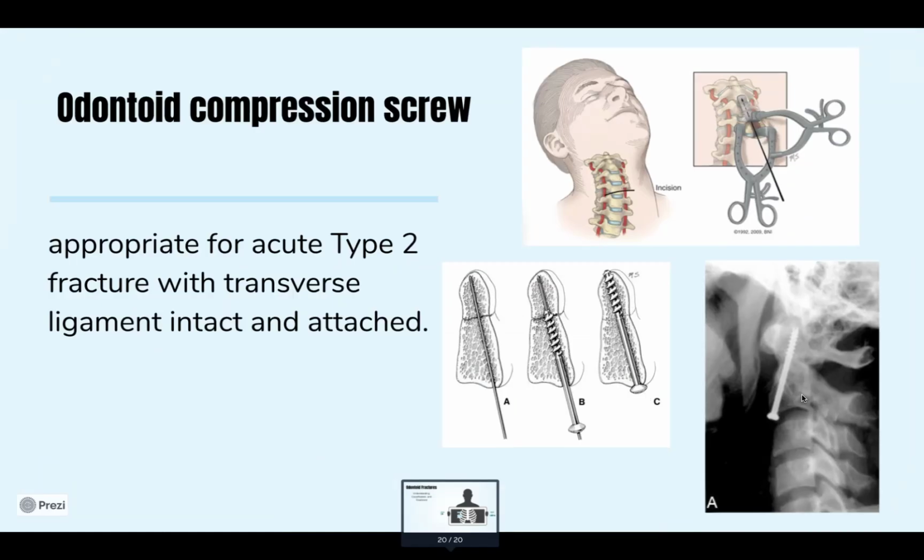So you can see that you make a transverse incision going through the muscles and exposing down where you can put a wire through and then guide a screw to actually help fuse the fracture. It can be very good when it's a type 2 fracture and the transverse ligament is still intact and attached. And you can see the patient after the operation, post-op X-ray showing good location of the screw.